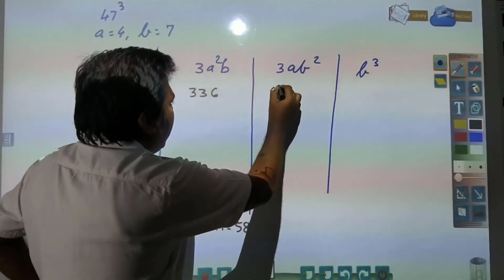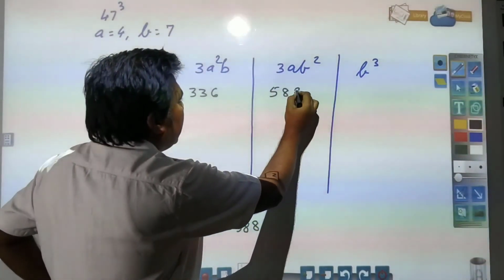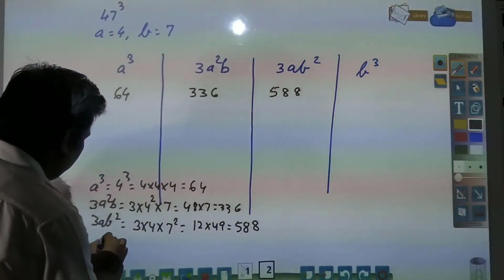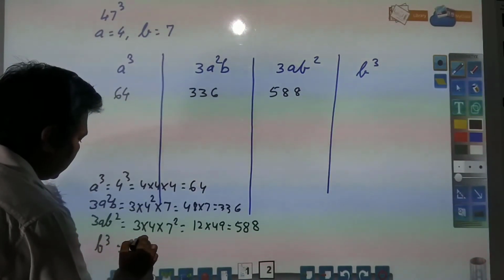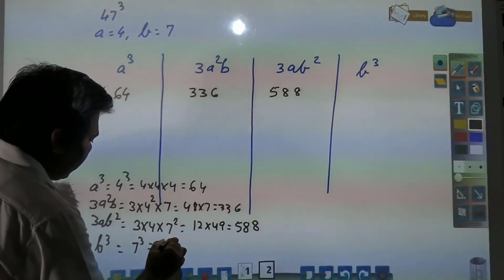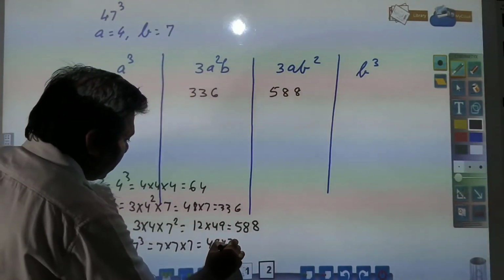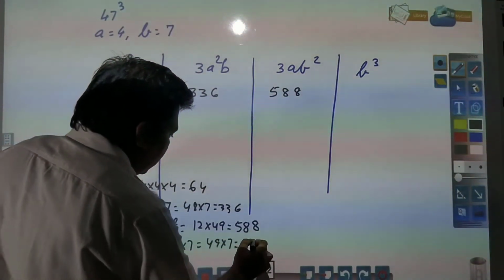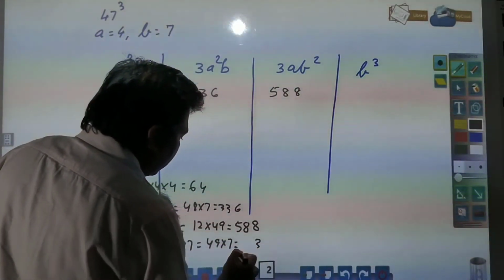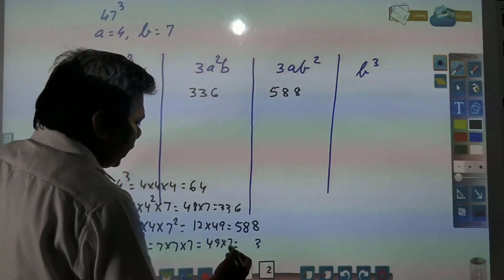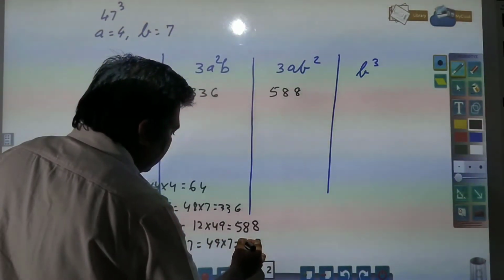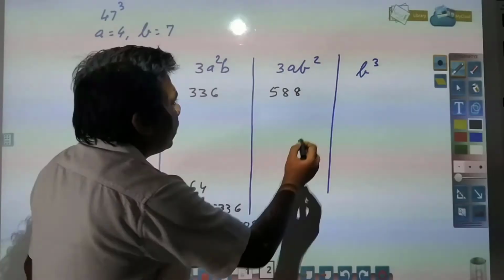So 588. B cube means 7 cube, it means 7 into 7 into 7, and this will be 49 into 7, and this will be 7 nines are 63, 7 fours are 28, and 6 is 34, 343.